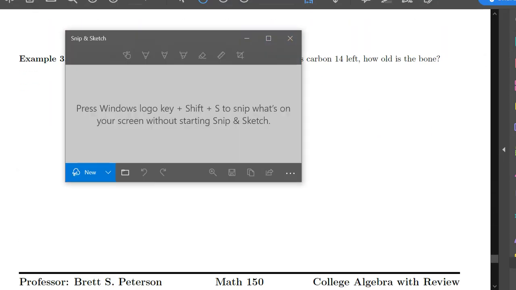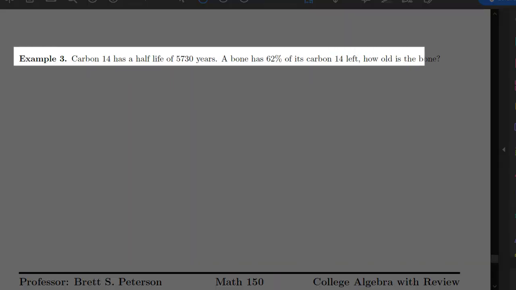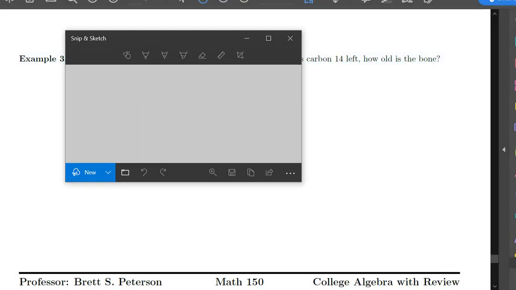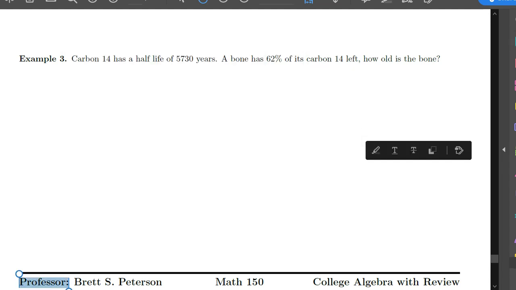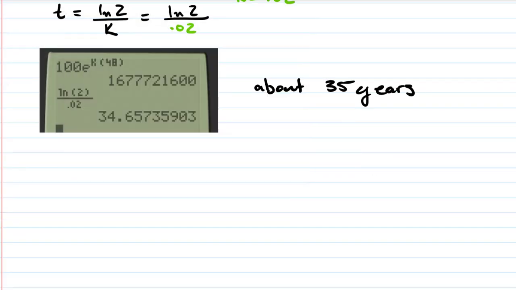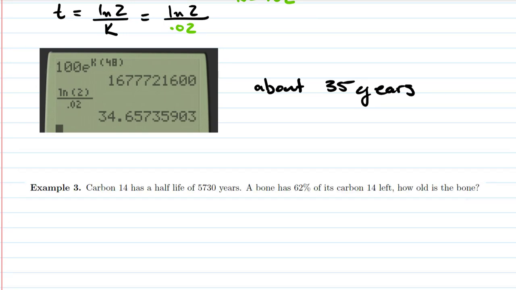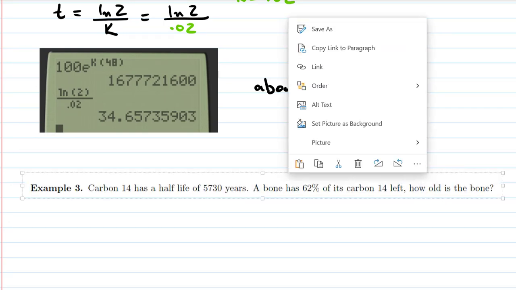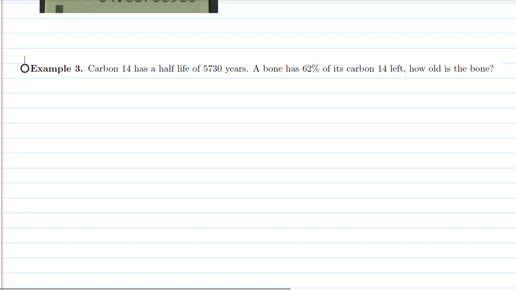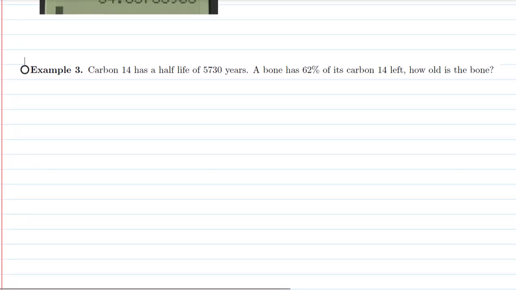Carbon-14 has a half-life of 5,730 years. A bone has 62% of its carbon-14 left. How old is the bone? All right, so let's go through our process.